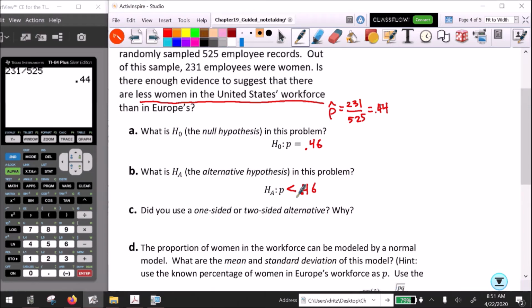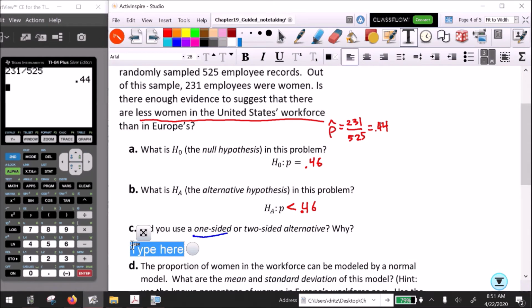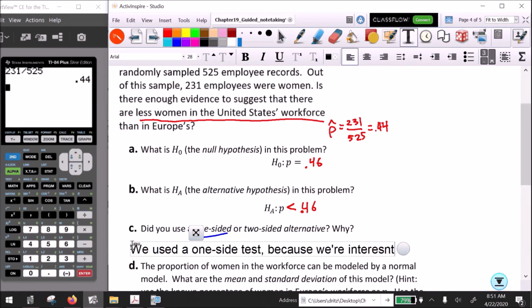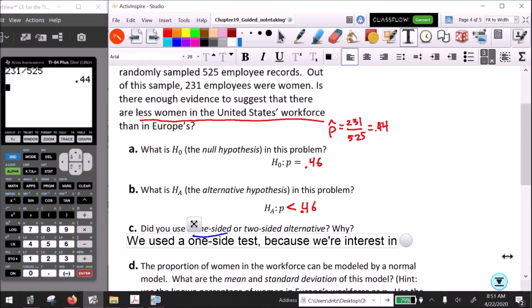So this is what we call a one-sided hypothesis test. We used a one-sided test because we're interested in whether or not the U.S. workforce contains less women than that of Europe.